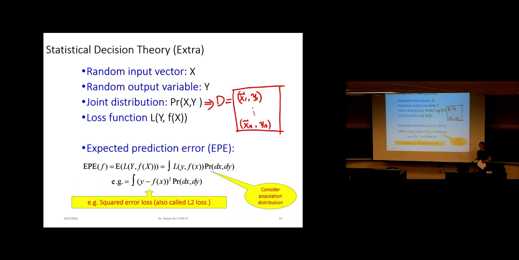Consider all the populations. Question about this? This is just one example, because you can have many different kinds of L, right? For regression, you care about mean squared error. In classification, what you care about is something called 0-1 loss, 0-1 error, which we're going to cover next class.